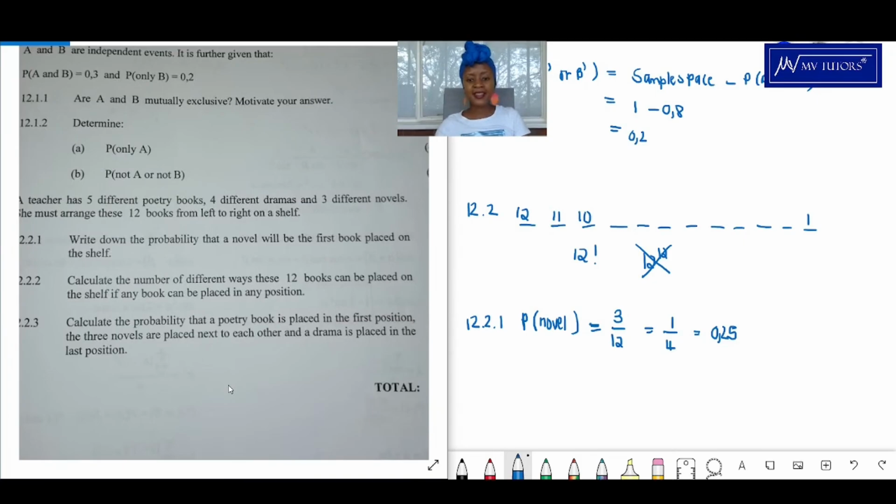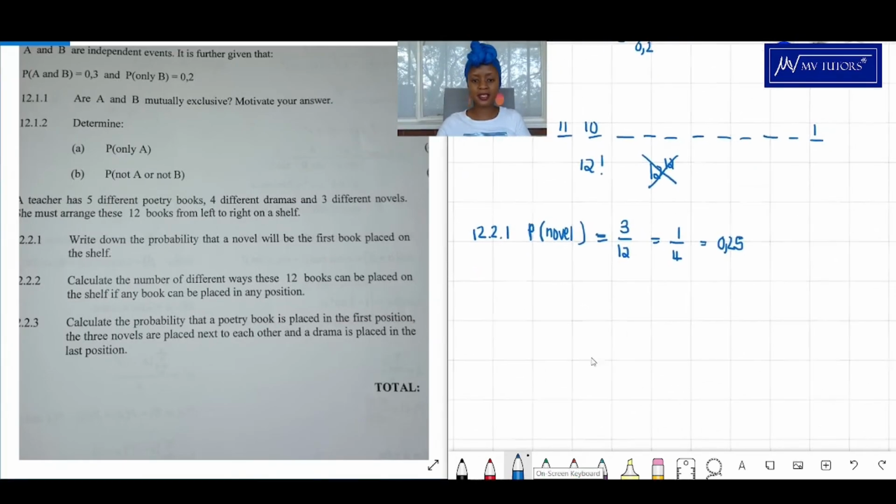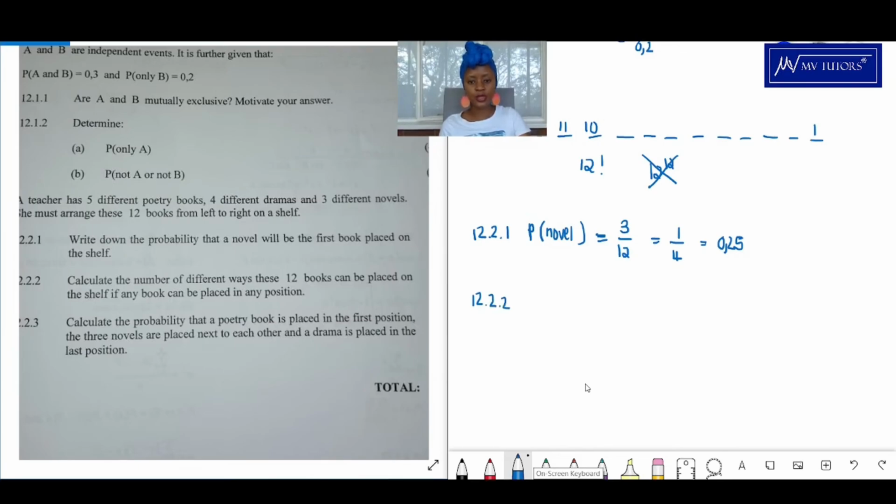Okay, and then we have the second part. 12.2.2. Calculate the number of different ways these 12 books can be placed on the shelf. If any book can be placed in any position, that will just be 12 factorial, guys.